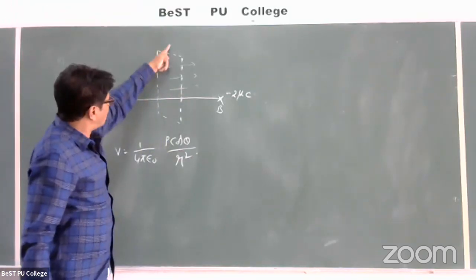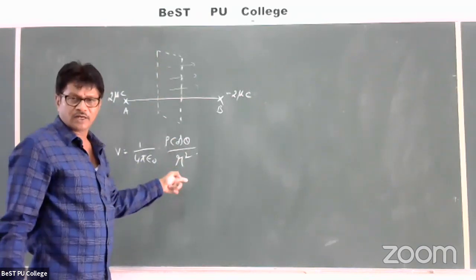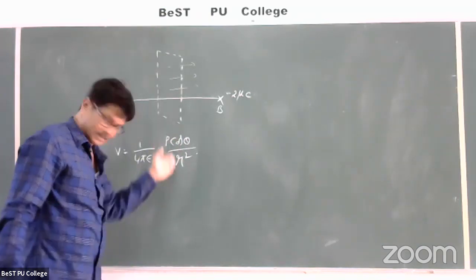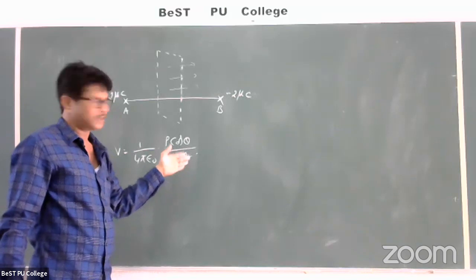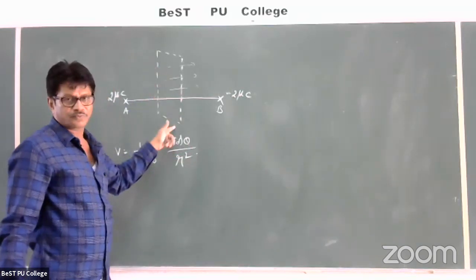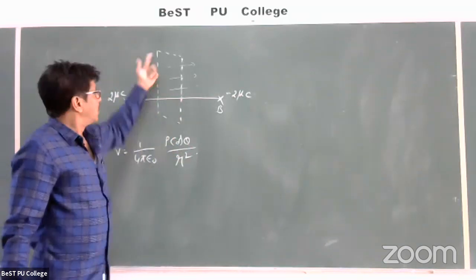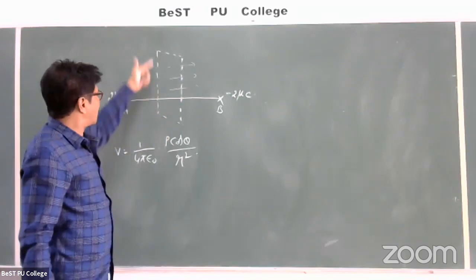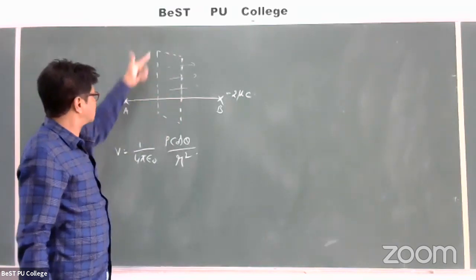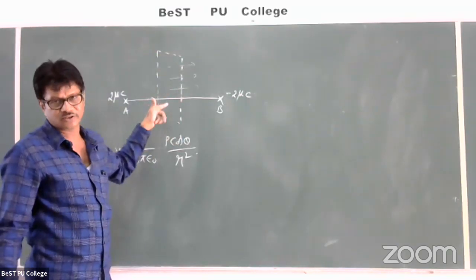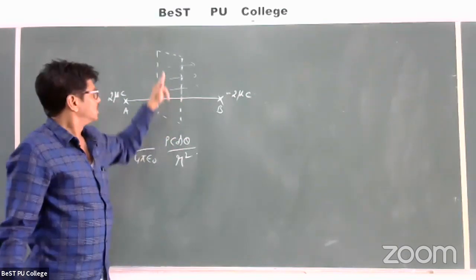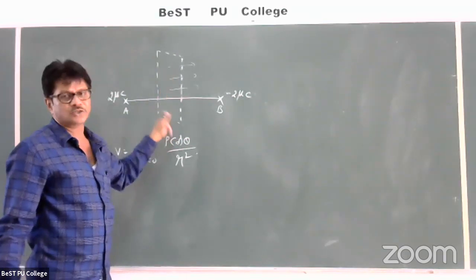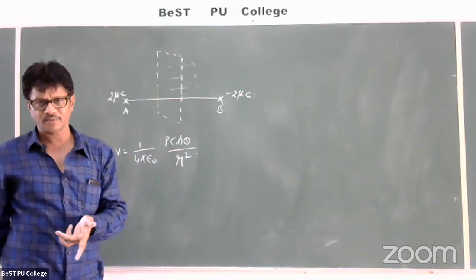So I can say this plane, or this surface, is an equipotential surface. Why? Because the potential is same at all the points, whose value is 0.